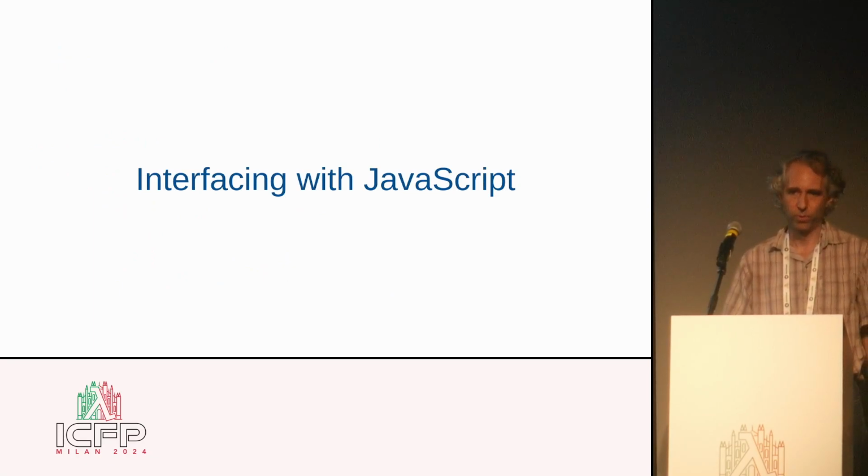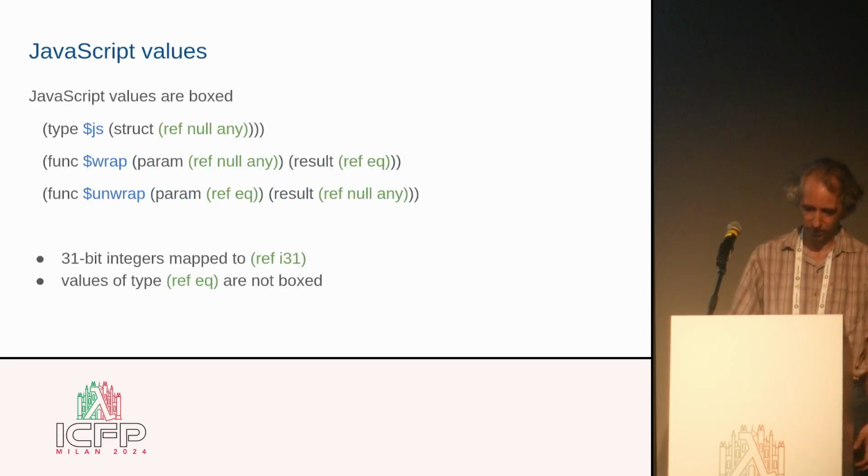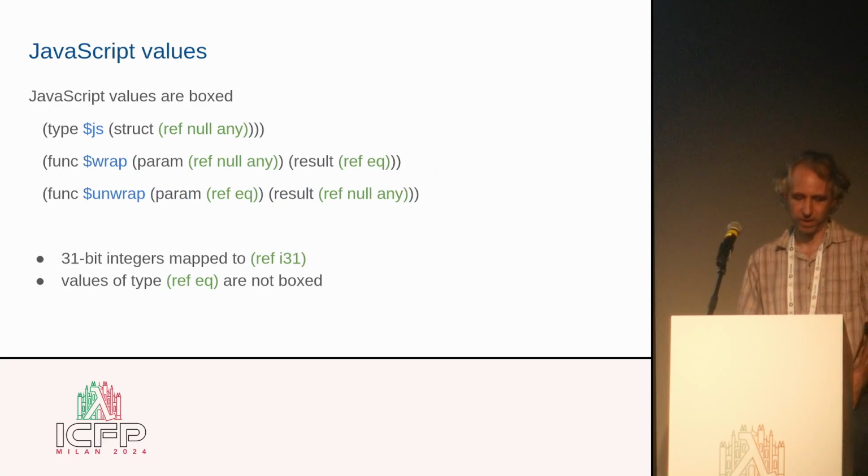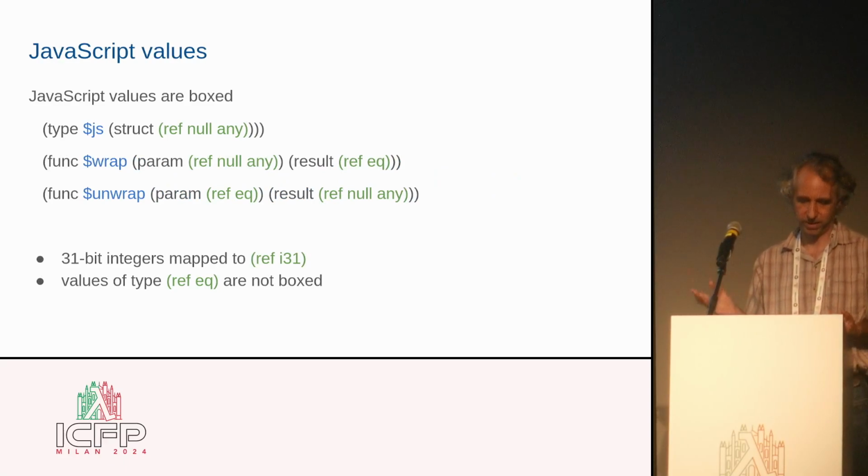So now I'm going to talk about how we can interact with JavaScript from OCaml. So JavaScript values, as I've just said, are boxed. It's just a structure that contains any value.